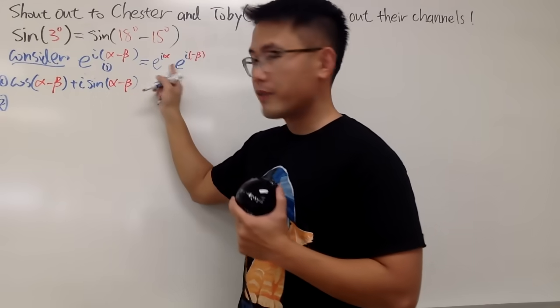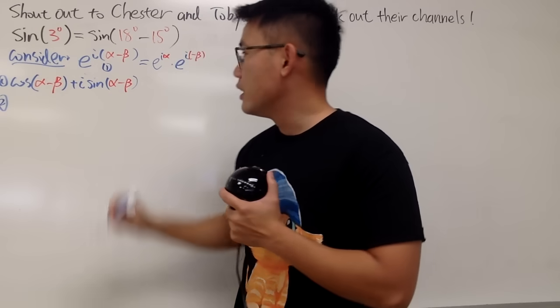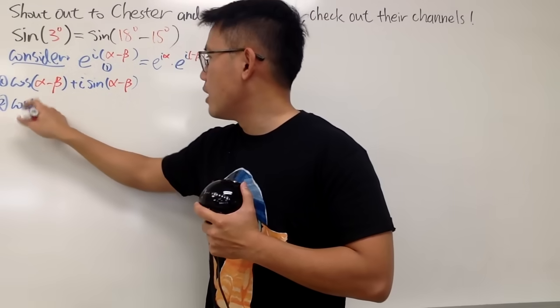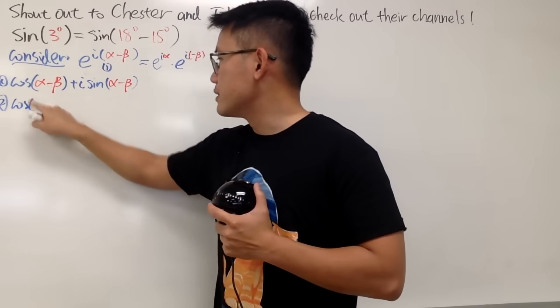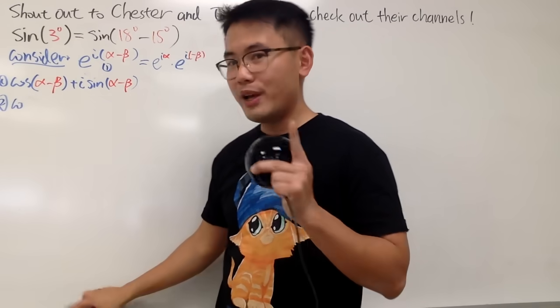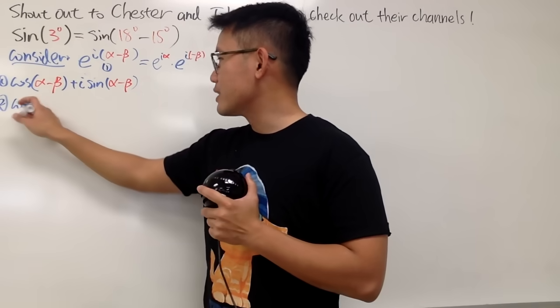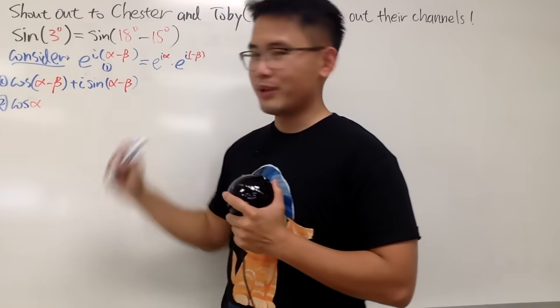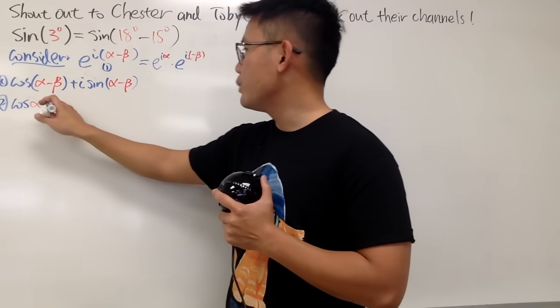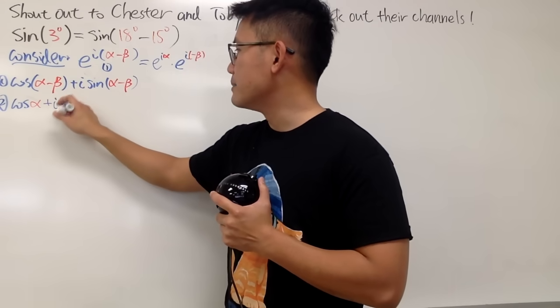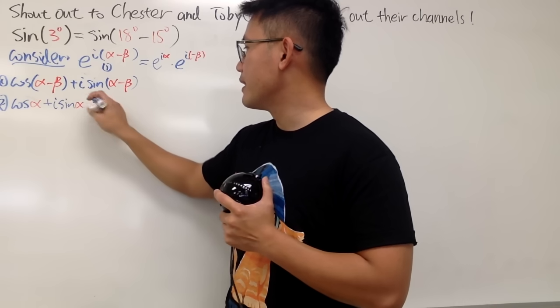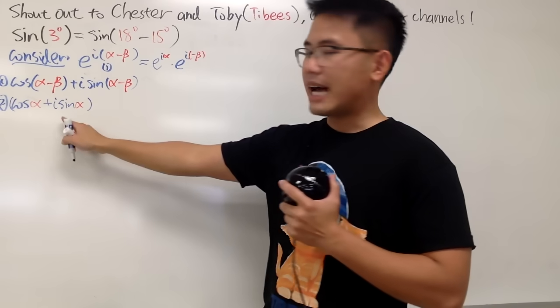Anyway, here's the deal. For this one, Euler's formula in action. We have cosine of the angle, which is alpha, and because I only have one angle inside, I will just write it as cosine alpha without the parentheses. It's easier this way. And then we add i times sine of alpha. That's nice.